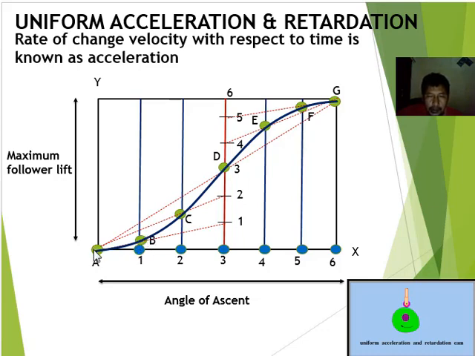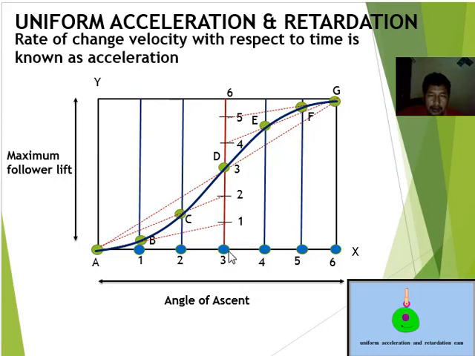And the second, for number 2, the intersection of number 2 for the follower position and the cam angle of action, you can draw the third point here.